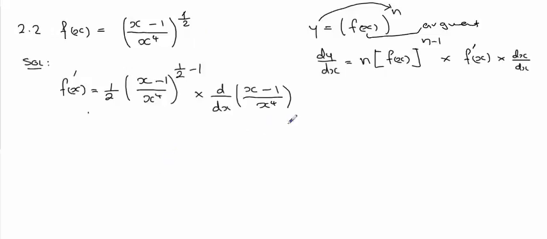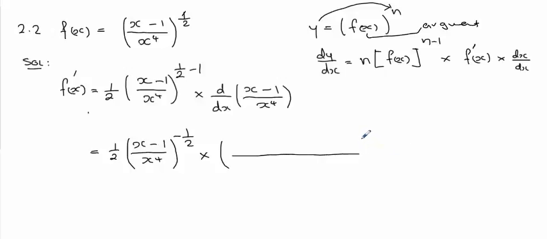That's how it goes. So when you are at this point now, we see that the function we're given there is a quotient. So we must be careful there. Then this will be equal to half times (x minus 1) over x to the power 4, all to the power minus half, multiplied by, then we can apply our quotient rule here.